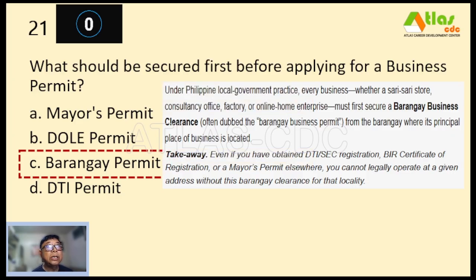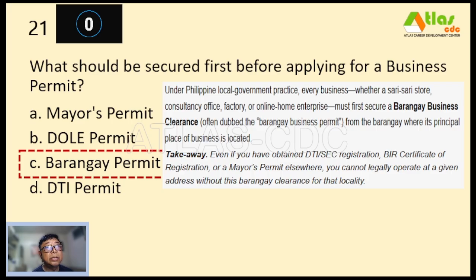So, under Philippine local government practice, every business, whether a sari-sari store, consultancy office, factory, or online home enterprise, must first secure a barangay business clearance, often dubbed the barangay business permit, from the barangay where its principal place of business is located.